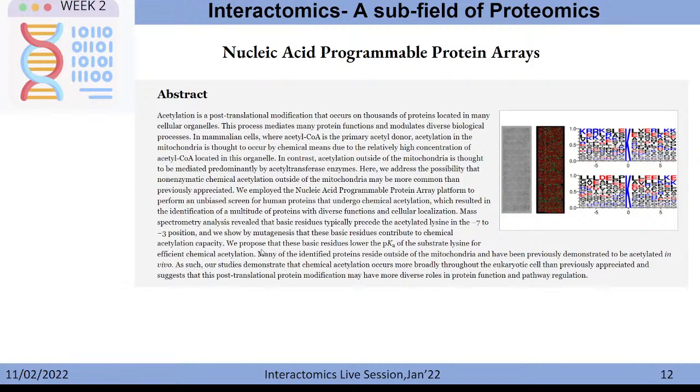Many of the identified proteins resided outside of the mitochondria and have been previously demonstrated to be acetylated in vivo. This broadly throughout eukaryotic cells suggests that these post-translational modifications may have more diverse roles in protein function and pathway regulation.